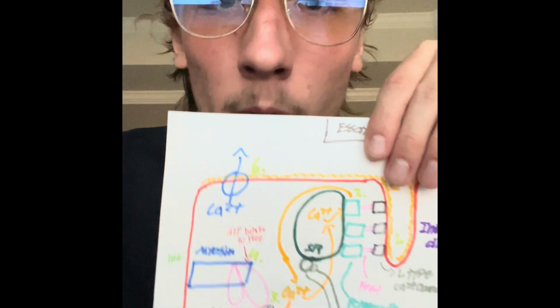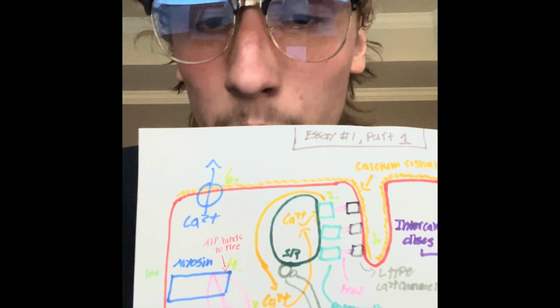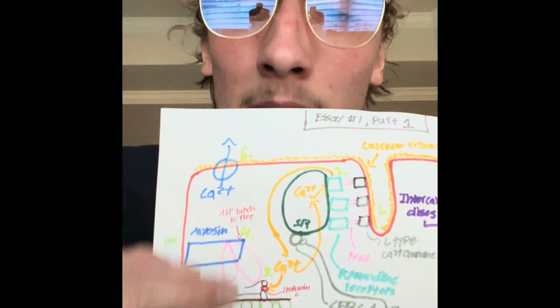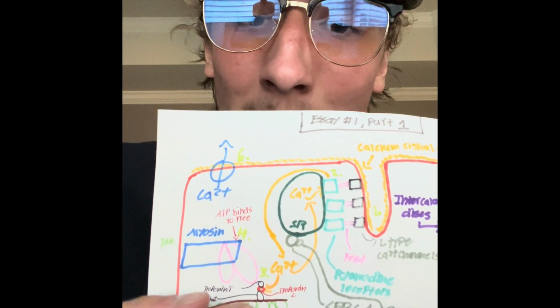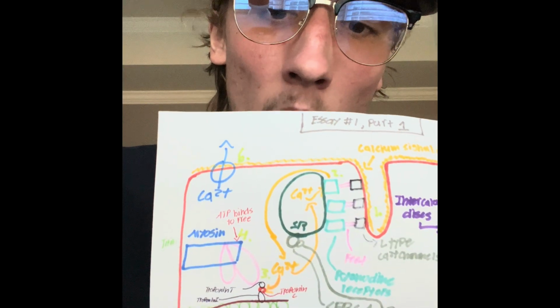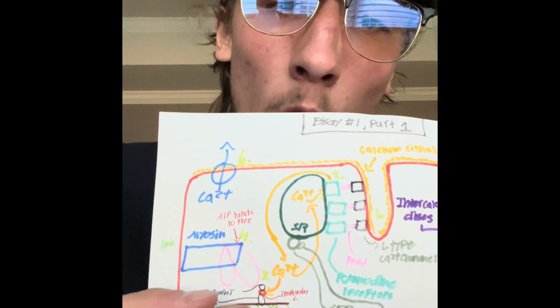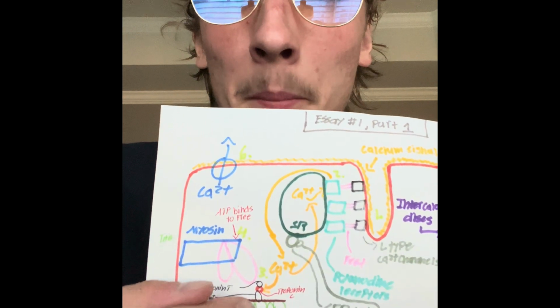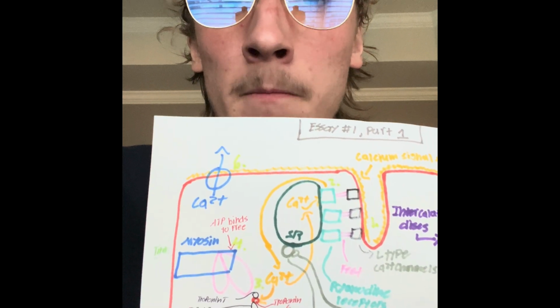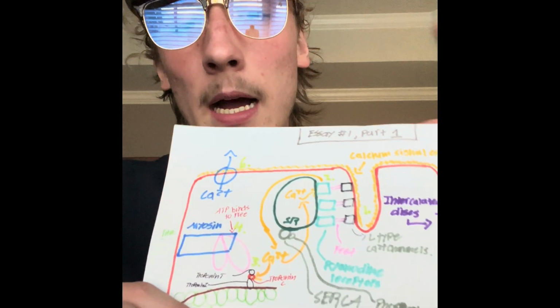And so this troponin C molecule is going to be bound with calcium, which then allows the troponin-tropomyosin complex to shift off of actin so that myosin can actually grab onto this actin thin filament binding site, which is hugely important.